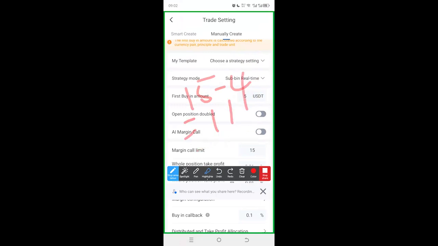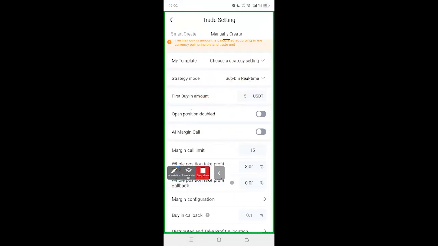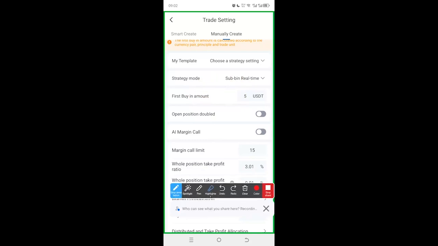So what are you going to do? Listen here. Multiply the first buy-in amount times the remaining margin call limit. What am I saying? Multiply 5 times 11.